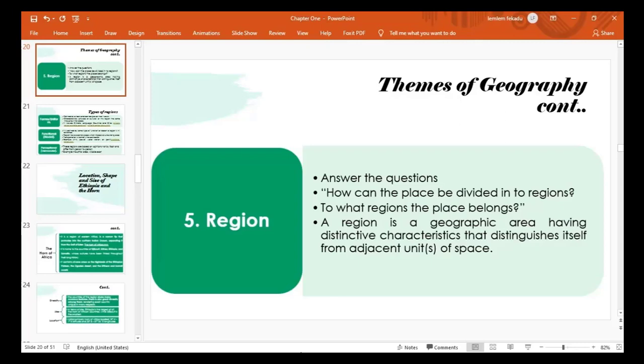A region can be formed based on physical features, political boundaries, cultural or religious, or other categories. So region answers the question, how can the place be divided into regions? Another question that is answered by region is, to what region does the place belong?